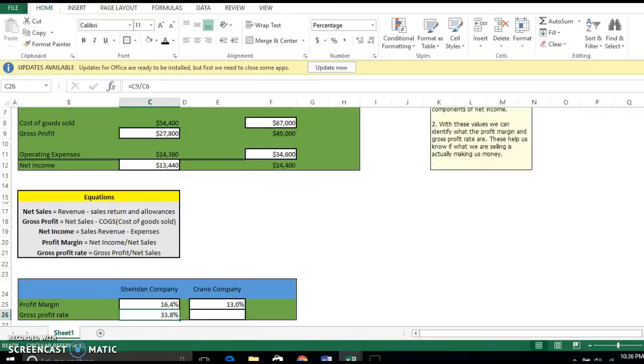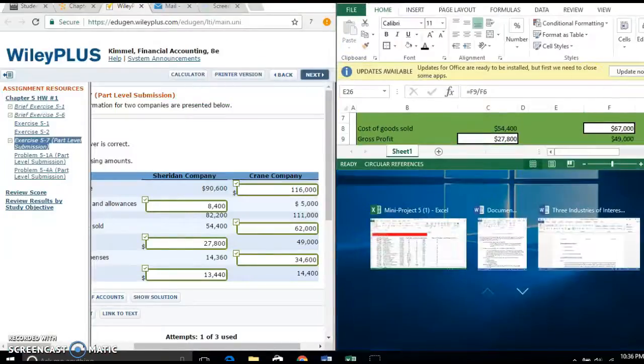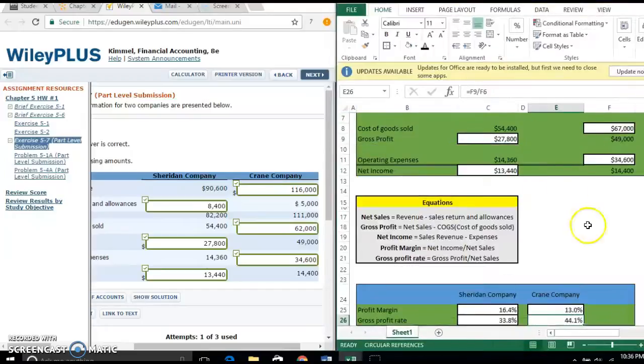And then for our gross profit rate, what we're doing is dividing gross profit by net sales. And I'll explain in just a second a little bit more what this means and what it can tell us. So for Sheridan Company, we get a gross profit rate of 33.8%, and for Crane Company, we get 44.1%.